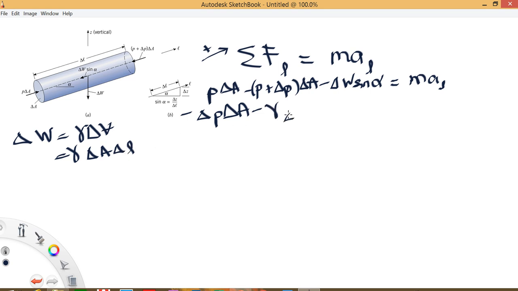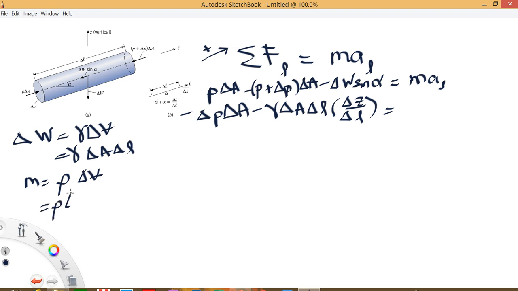You should get gamma A delta L. Okay, sine alpha is delta Z divided by delta L. Okay. So mass can also be replaced with rho times volume. So it's rho times area times length. So you should get this as rho times A times delta L times acceleration.